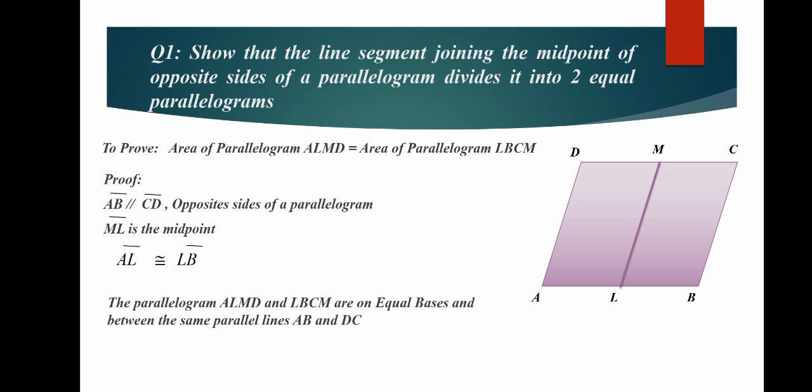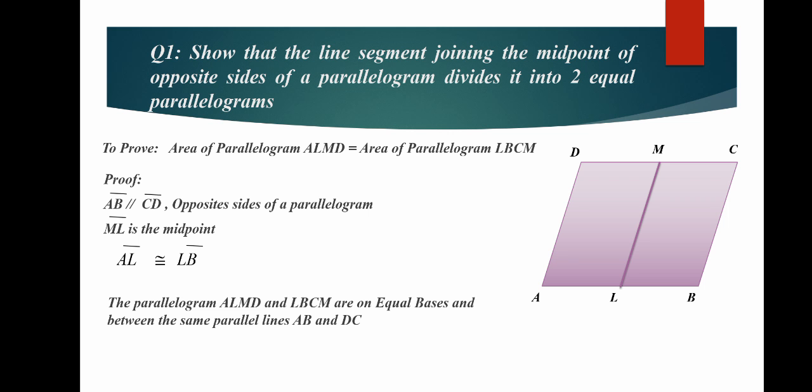Parallelograms ALMD and LBCM have equal bases, that is AL and LB, and they lie between the same parallel lines AB and DC. In theorem 16.1 you have studied that if parallelograms have the same base and lie between the same parallel lines, then they are equal.